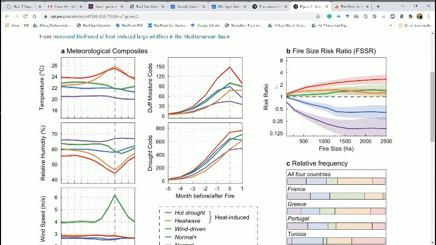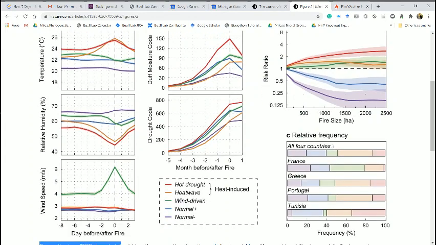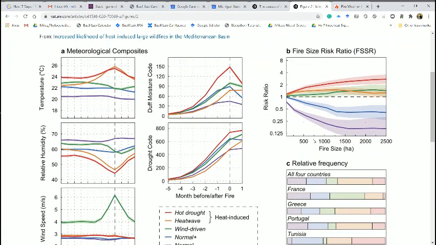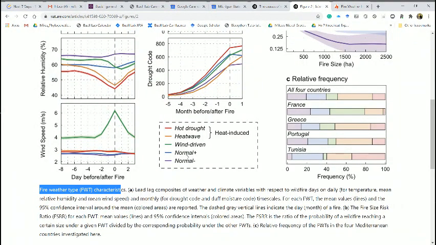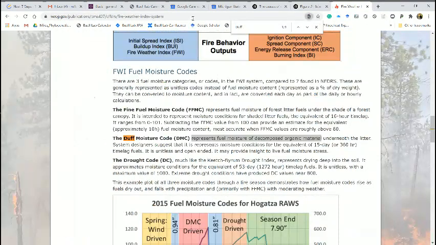Now we have risk ratio versus fire size, and then our 4 different types. So it looks like risk ratios are higher for these heat-driven fire types, but low for these normal fire types, whatever that means. Not sure what that means, like natural or something like that, not caused by climate change. I'm not sure. Let's look at risk ratios really quick.